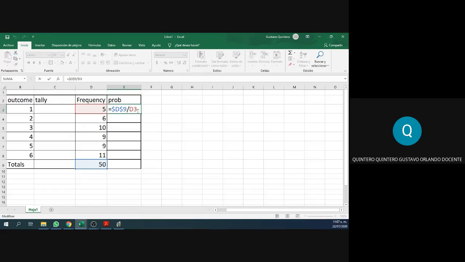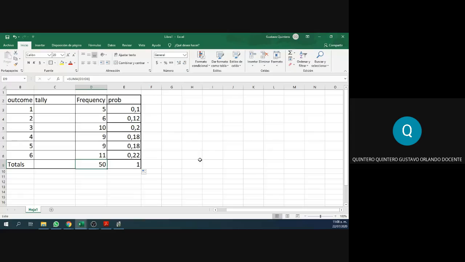Sorry, backwards: the frequency divided by the total. If we expand this, there it is. The frequency, so 5 divided by 50 in my case. For the second one, 6 divided by 50. For the third, 10 divided by 50, and so on.